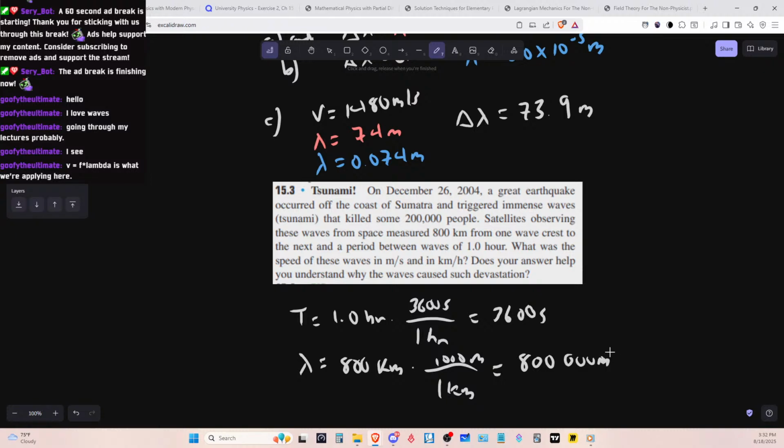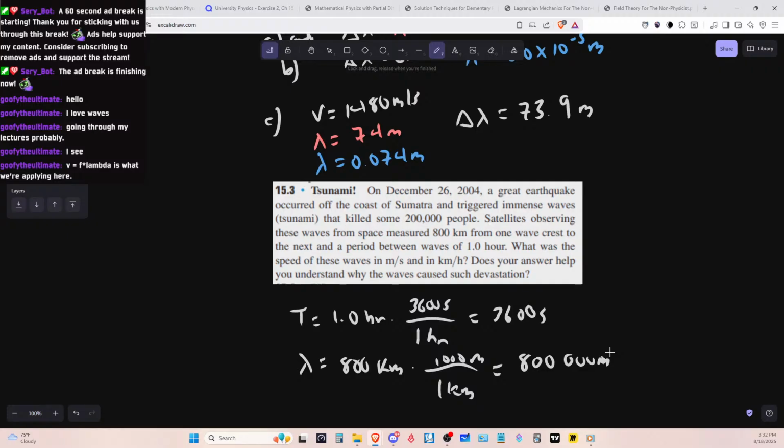Okay, so what is the speed of these waves in meters per second and in kilometers per hour? Well, at least we converted early, because whenever I do a physics problem, I always make a habit of converting first if it's in different systems of measurement.